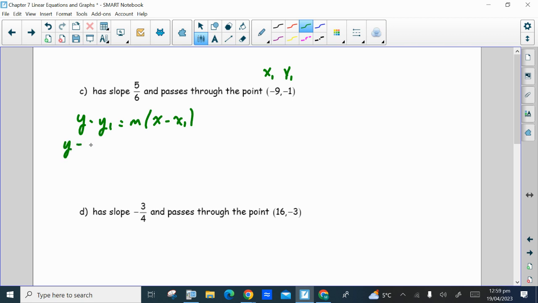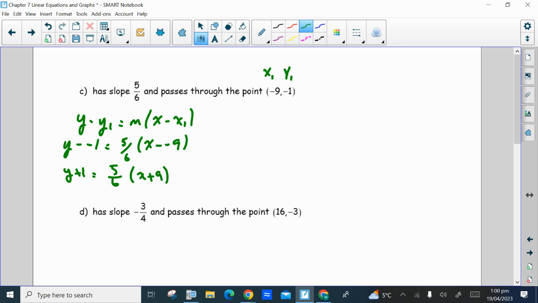So y minus y1, which is negative 1, equals m, which is 5/6 bracket, x minus x1, which is negative 9. So the minus minuses become a plus positive. And that would be the equation in point-slope form.